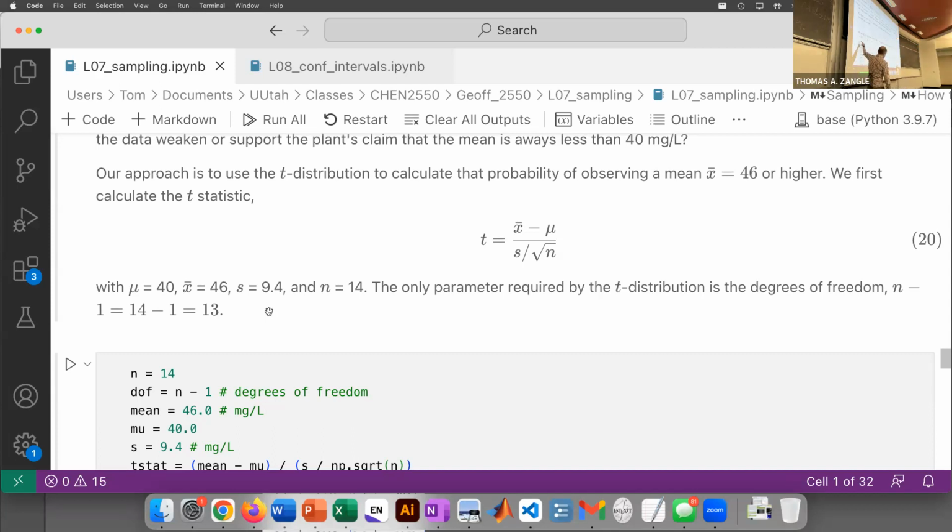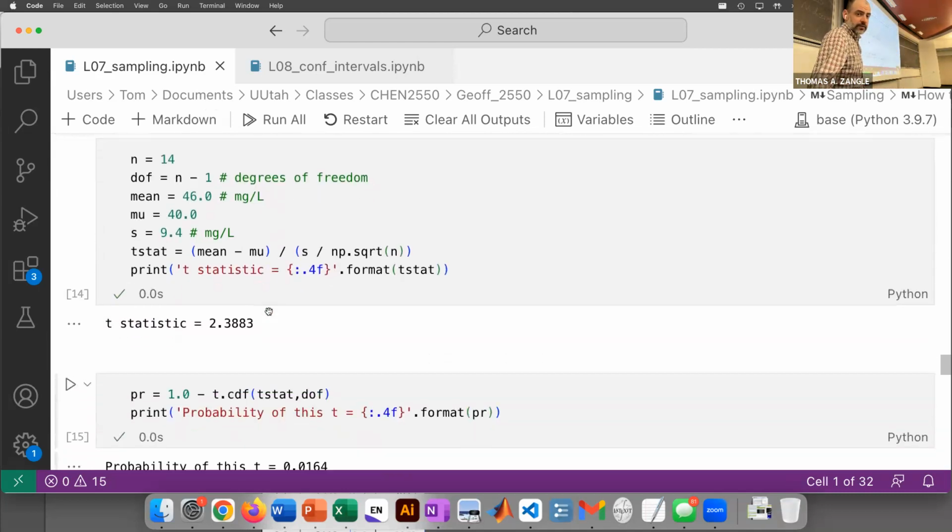Remember that the t-distribution also has an additional parameter, which is degrees of freedom. It tells us basically how wide or narrow the distribution of values we expect to see is. We find the degrees of freedom as n minus 1. In this case, n minus 1 is 14 minus 1, which is 13.